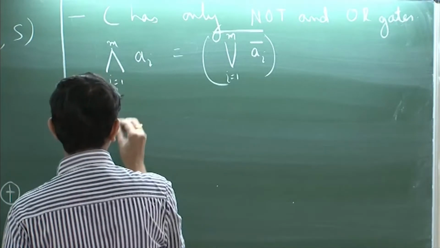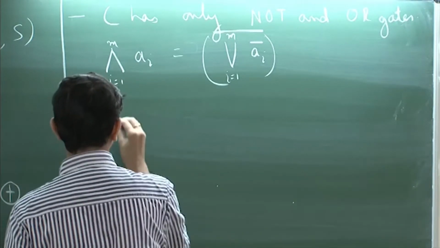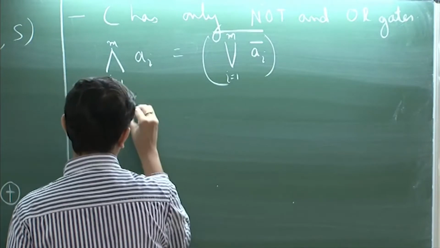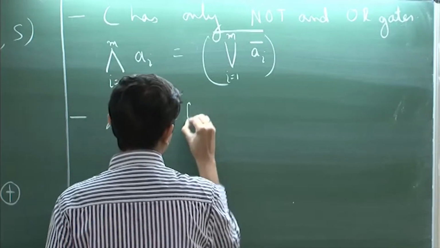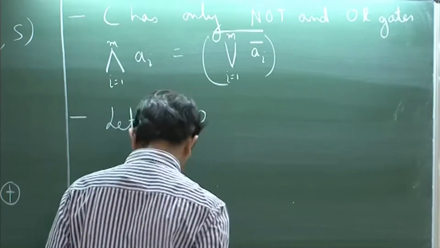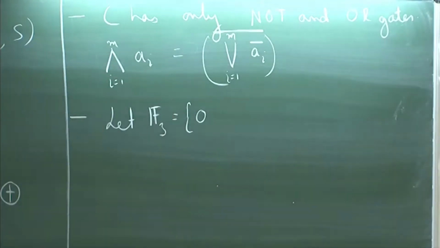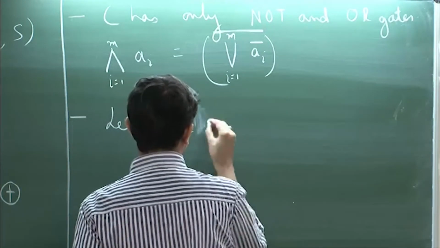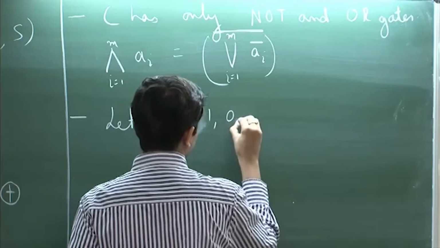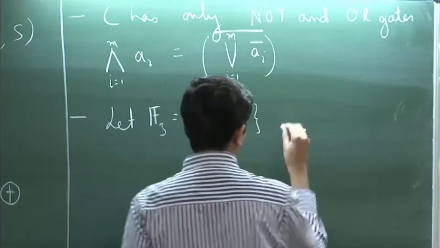So, we will look at the field F3. Let F3 be the field, and we will just denote the elements in F3 as -1, 0 and 1.